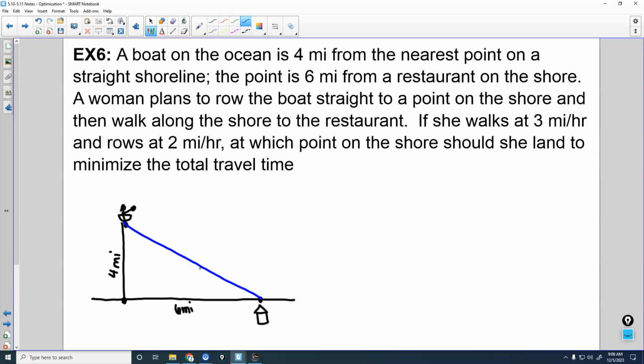Well, just the Pythagorean theorem here. I don't think you could even use trig because we don't have an angle, or you make it way more complicated if you did. So you would just do 4 squared plus 6 squared equals x squared, and that would be 16 plus 36, which would give you 52 is your x squared, and if we do the square root of 52, we're going to get 7.211.